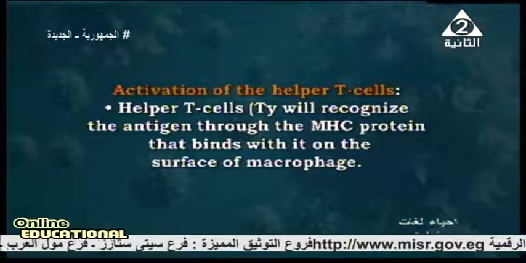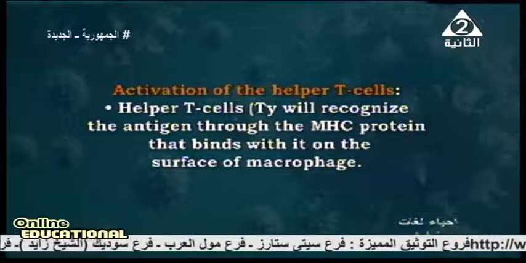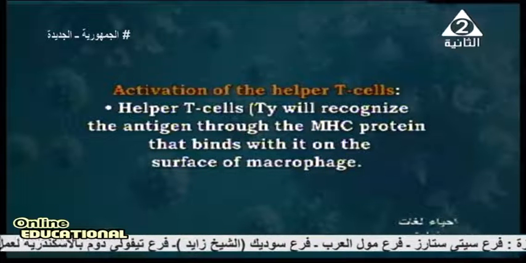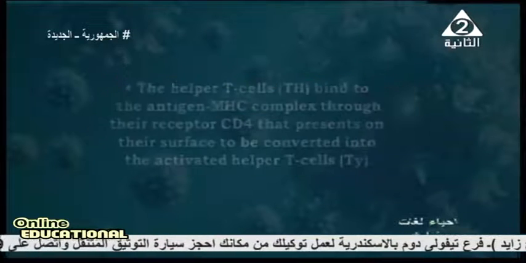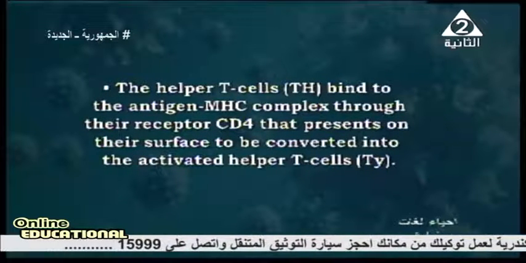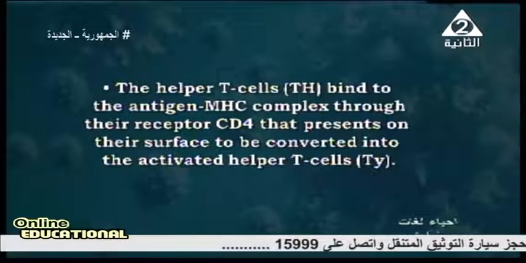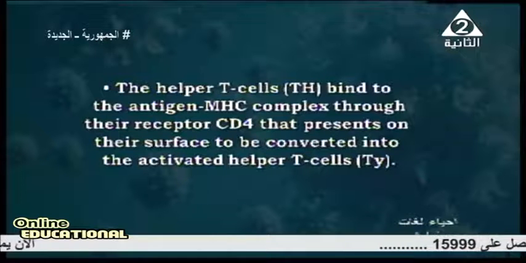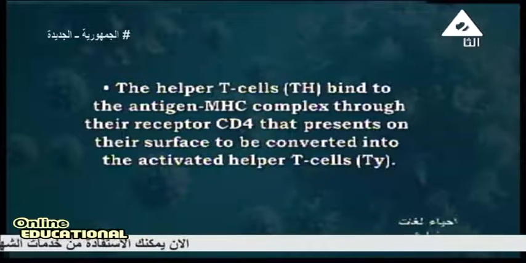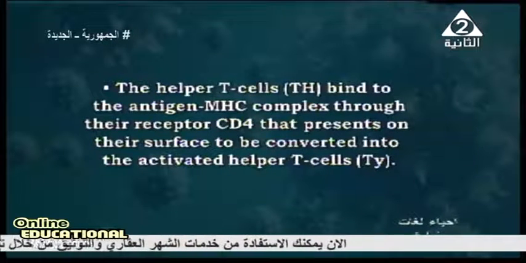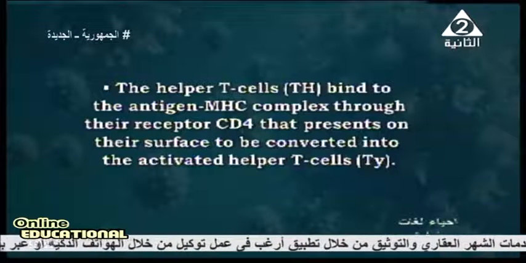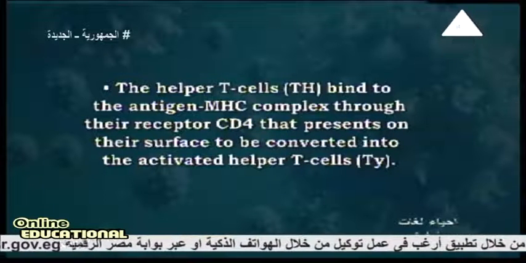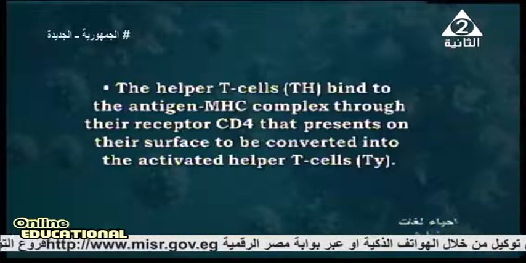We recognize the antigen through the MHC protein that binds with it on the surface of the macrophage. The helper T cells, TH means helper T cell. Helper T cells bind to MHC, major histocompatibility complex, through their CD4 receptors.